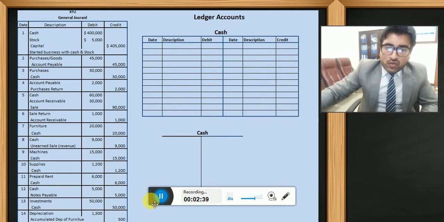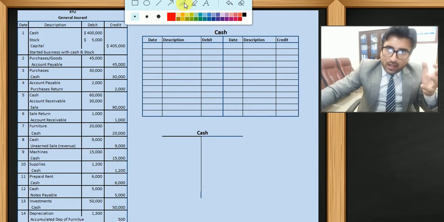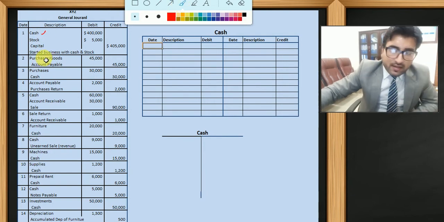Dear students, first try to highlight all the values, all the transactions you are posting. Now we are posting cash, so we see where we have cash. In the first date we have cash, and that is debited. In the second date we do not have cash.